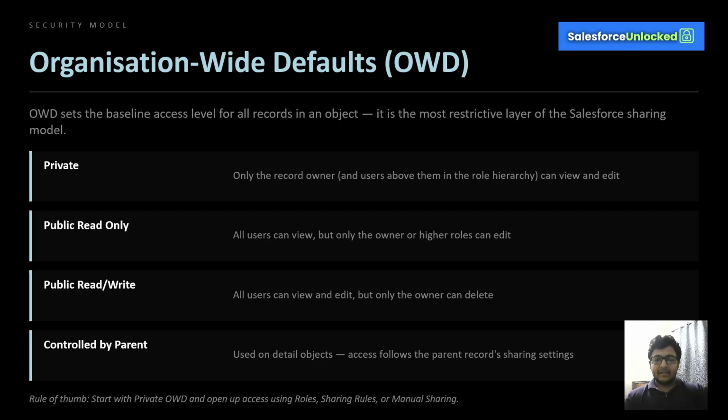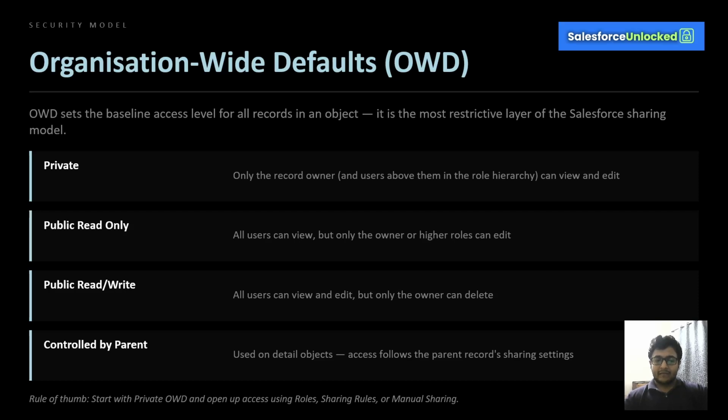And the final one is the controlled by parent setting. The controlled by parent setting is used on the child objects in a master-detail relationship, and the child record simply inherits whatever access the parent record has.